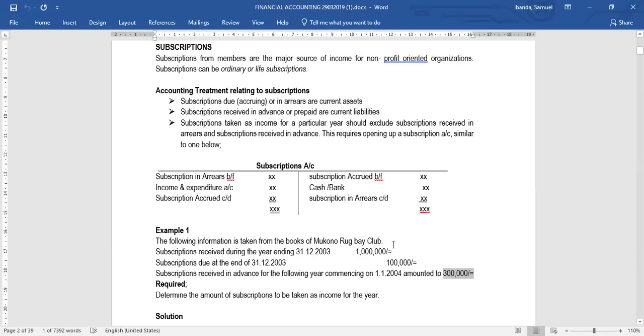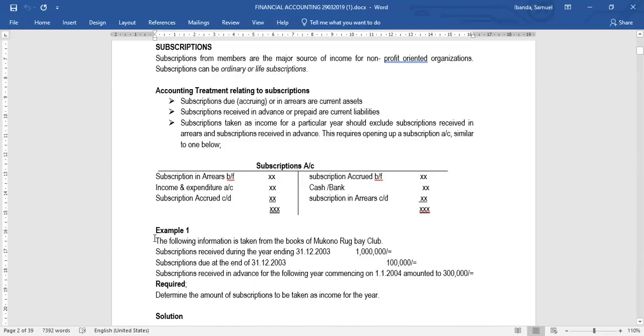So somebody can take the 1 million, add the 100,000, and then less 300,000 to determine the subscriptions that is to be taken to the income and expenditure as income for the year.